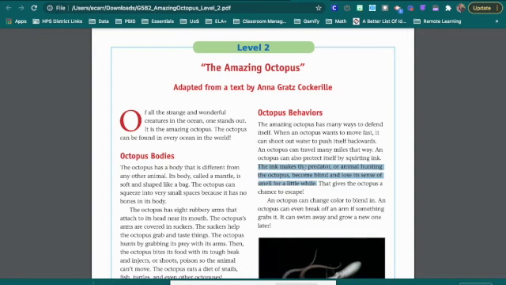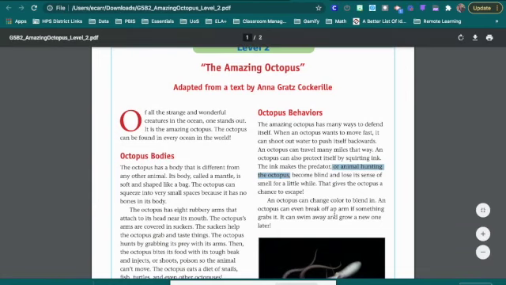The ink makes the predator, or an animal hunting the octopus, become blind and lose its sense of smell for a little while. So the author taught the reader what a predator is by explicitly, very clearly defining it right here. A predator is an animal hunting the octopus. This is at a second grade reading level.